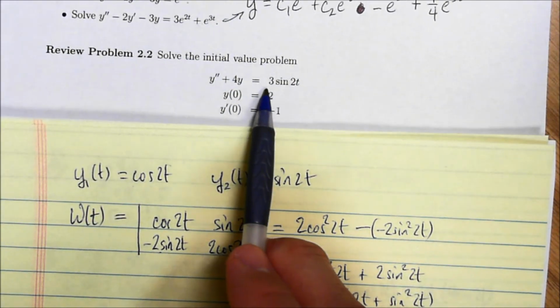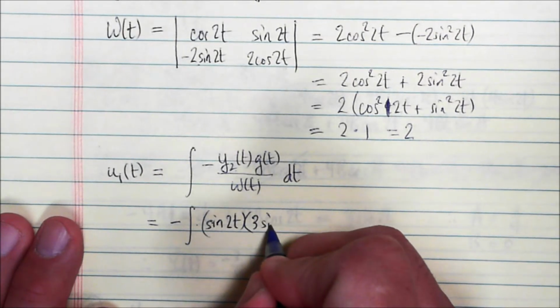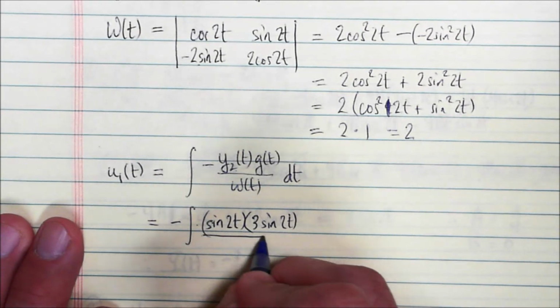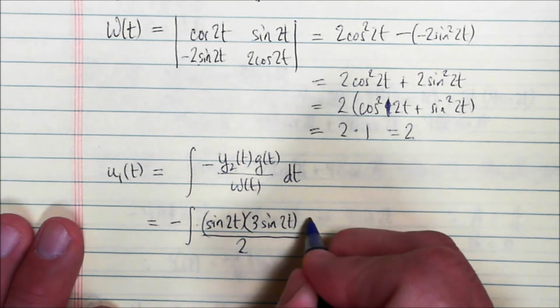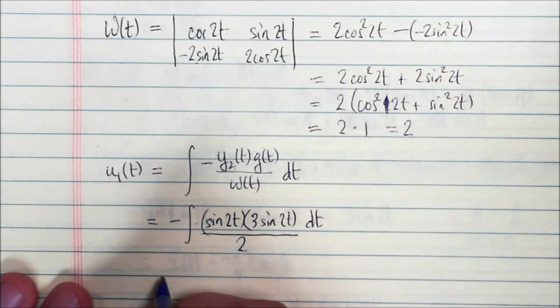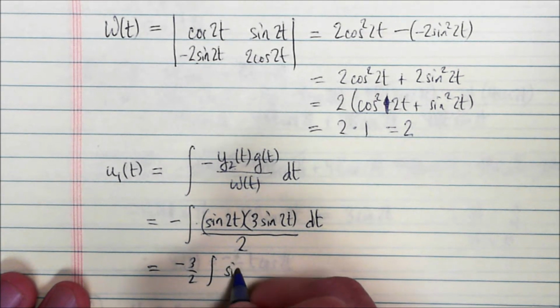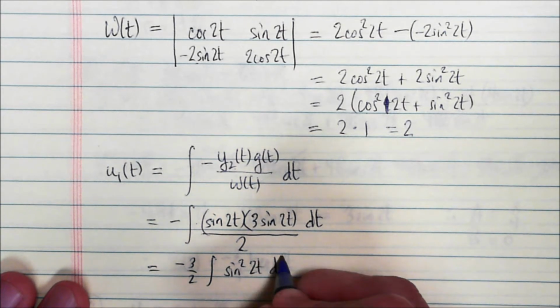The right-hand side of the differential equation was 3 sine t, divided by the Wronskian of 2, dt. So I get negative 3 halves integral sine squared 2t dt.